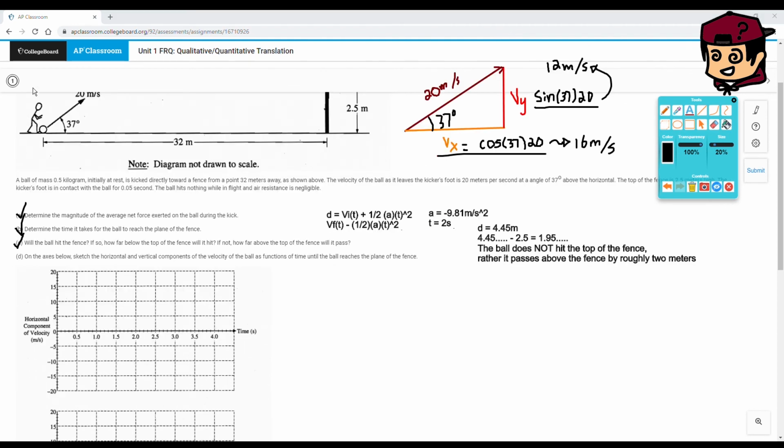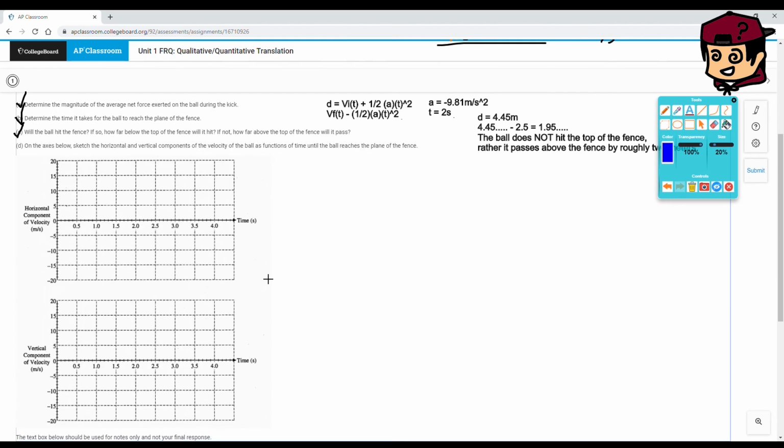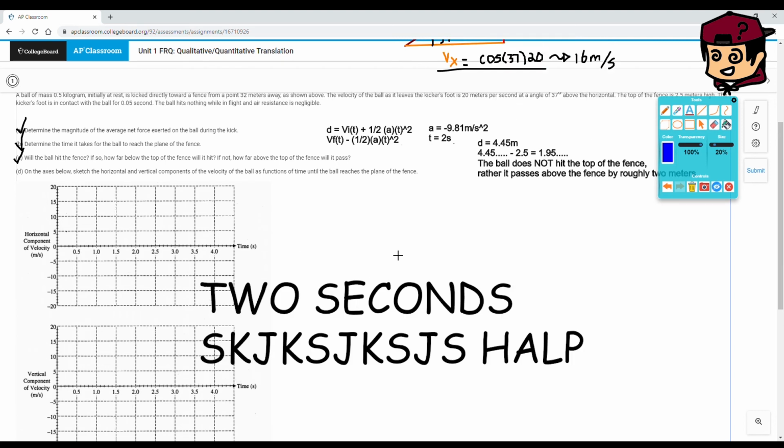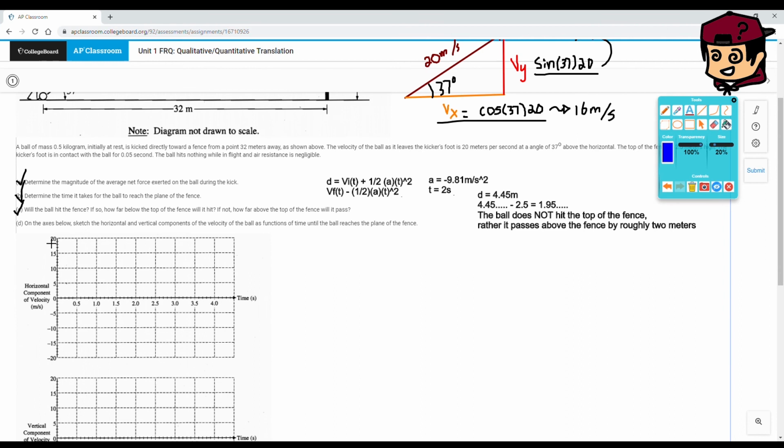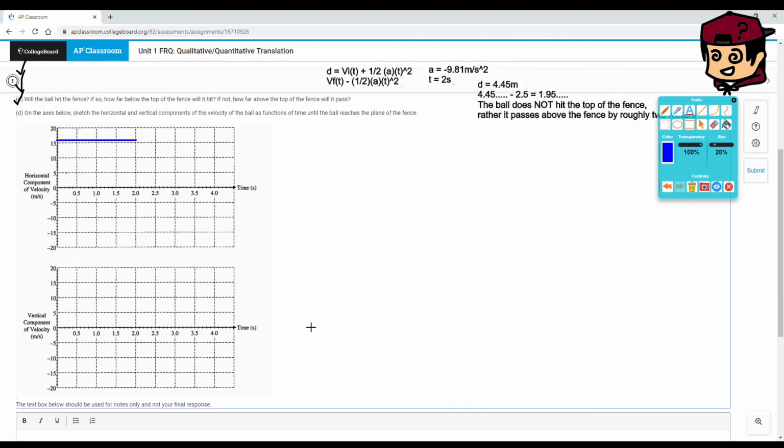So you just grab a ruler, and we know it only travels 2 seconds, right? Now this is a horizontal component, so it should be a nice straight line until 2 seconds. That's our time right there. That'd be it.